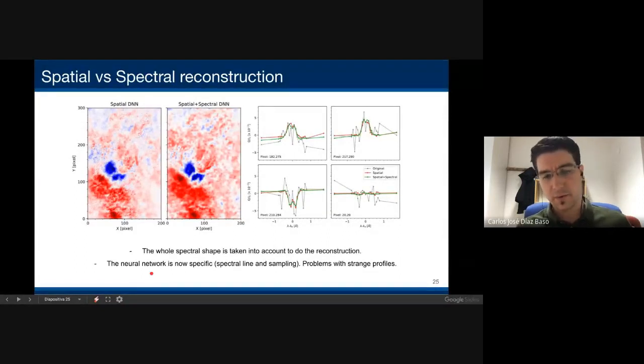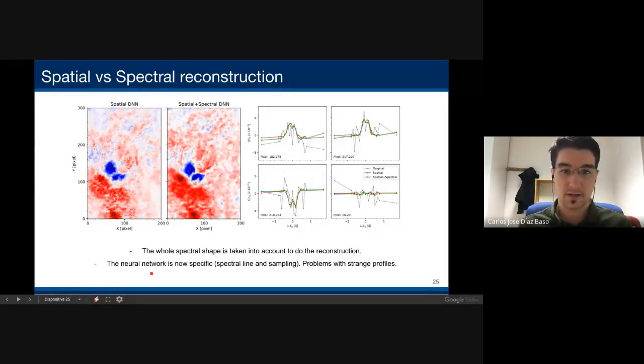Also, another problem is we usually want to have a high variety of profiles when we do this training, right? But profiles with very high velocities, so very high velocity and redshifts, evolve fast.